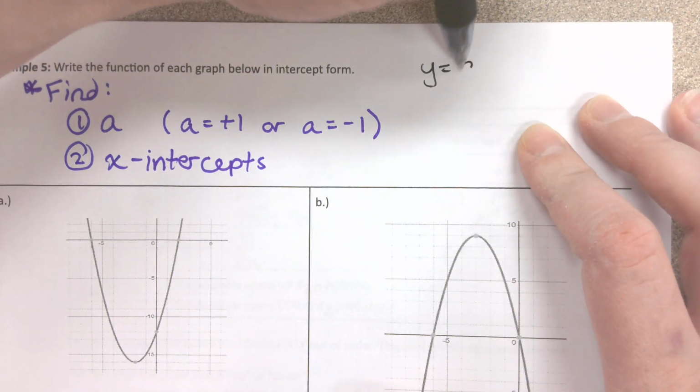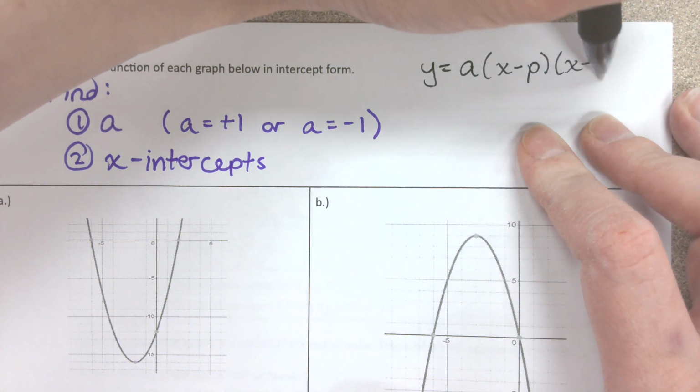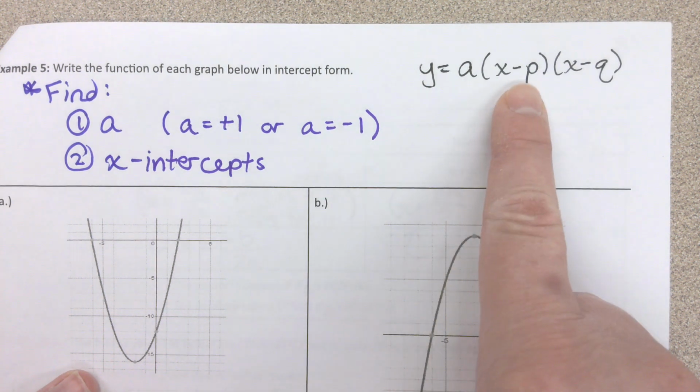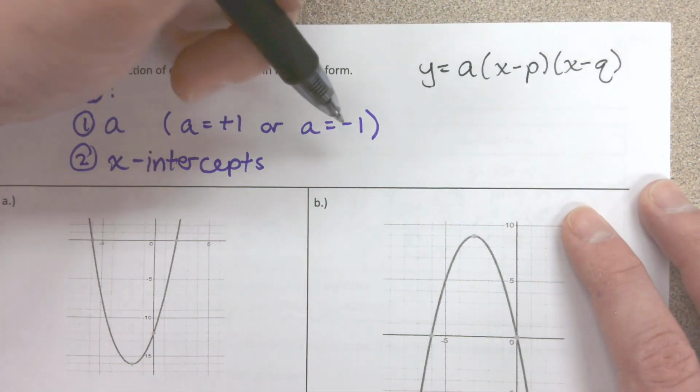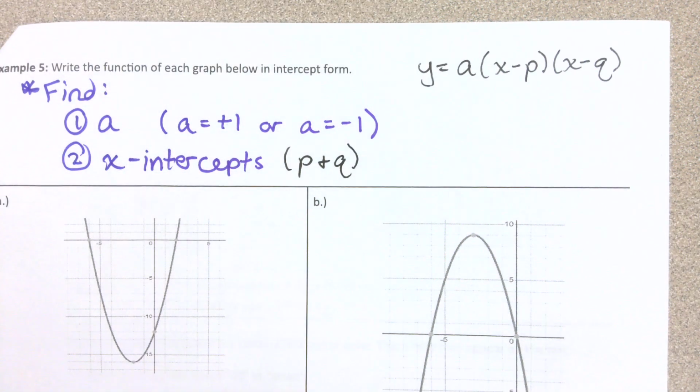Y equals A times x minus p times x minus q. That will be written on your test. Every single one of you will have this on your test. You don't have to remember that. You just have to remember how to use it. These x-intercepts are p and q. This is the only time we're going to worry about p and q. Again, once I show you how to do it, it's not hard. You'll see that.